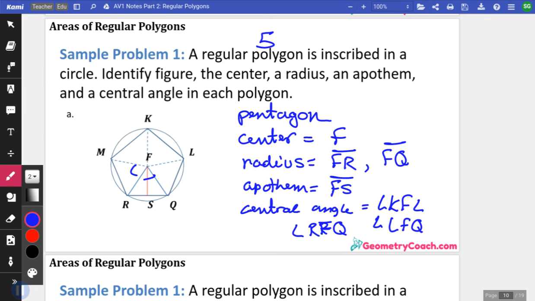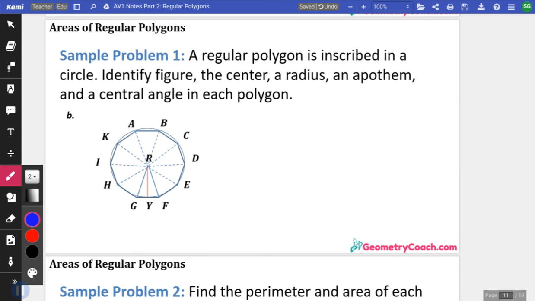There are 5 of them in this picture. Pick one of those. Use your angle symbols. Okay. For this problem, regular polygon is inscribed in a circle. Identify the figure. Okay. Go ahead and try that. Pause now.